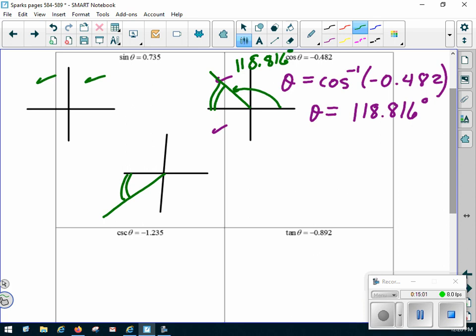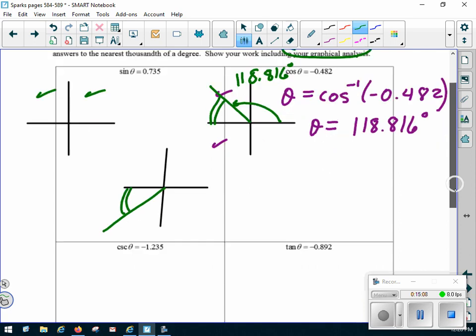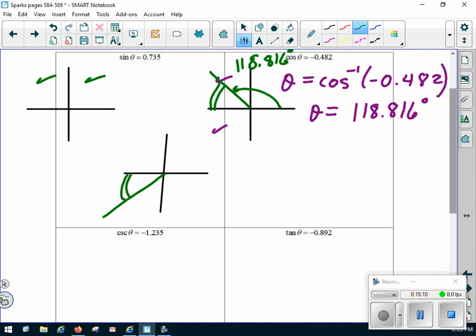We will not go clockwise because we are not going to have a negative angle measure. So I'm not going to go clockwise. Question? Why is 118 less than 180? So the reference angle here was what, 61 point something? So that's my reference angle down here. Got dyslexic there for a minute.